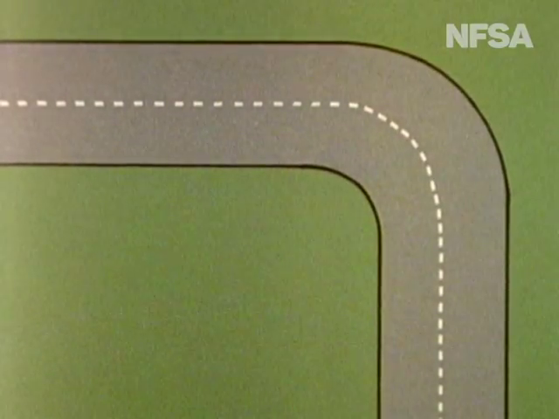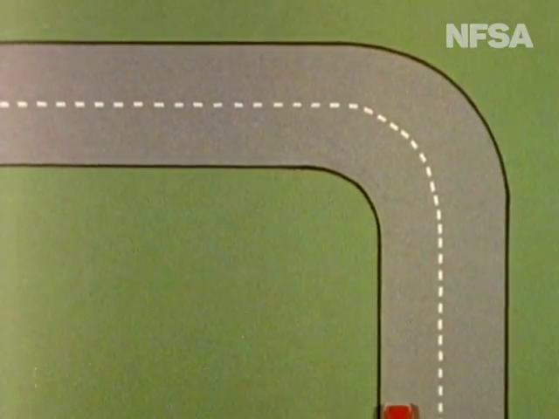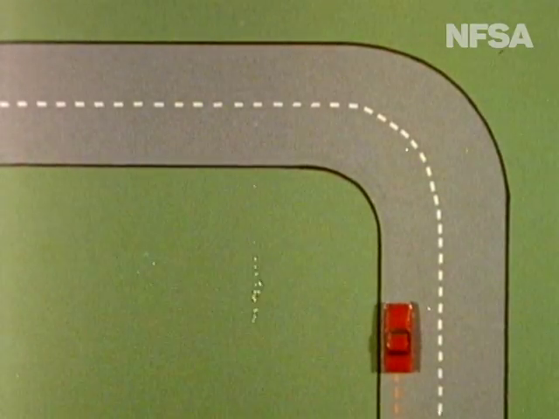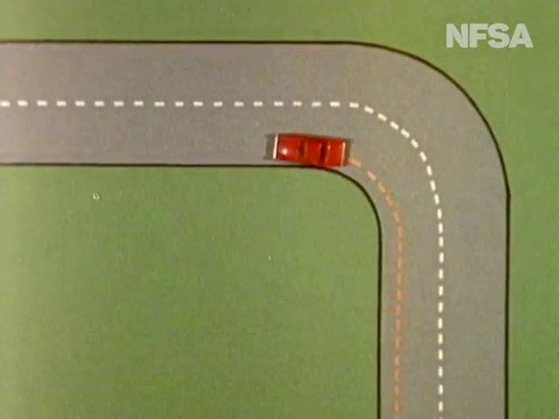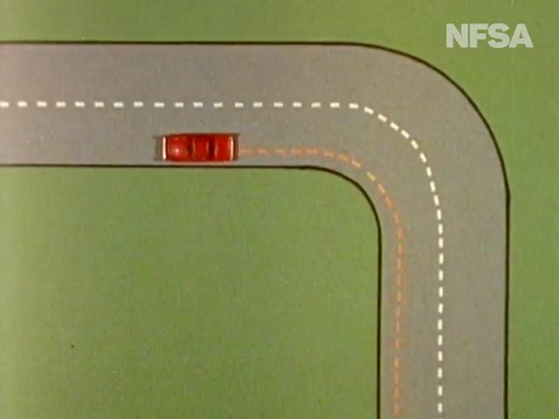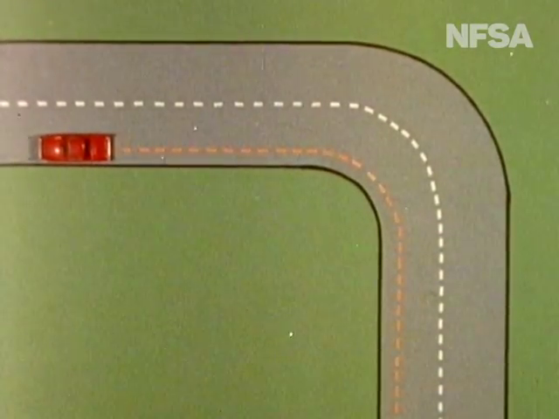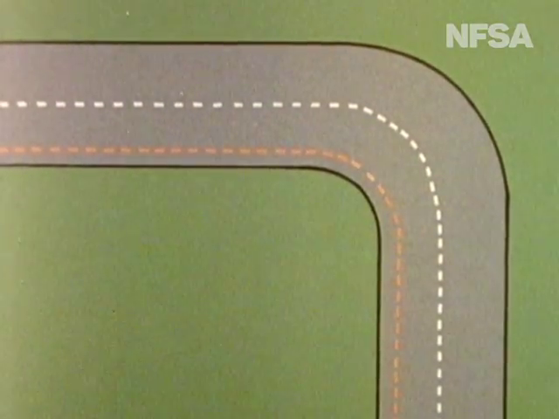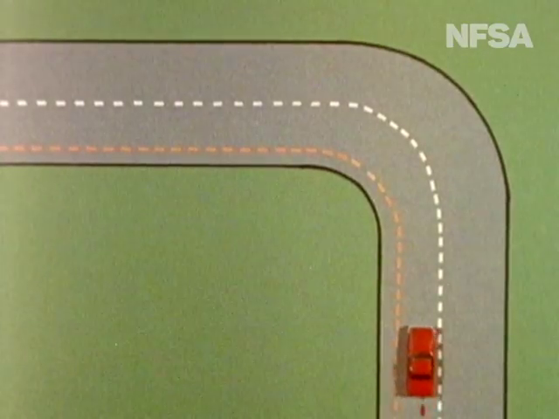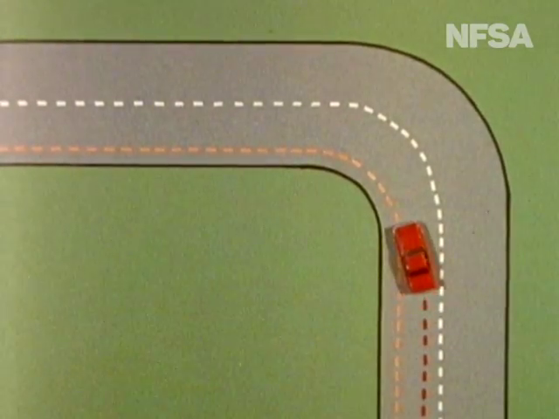Now a left-hand turn. Here our radius is around a tight corner. To choose the correct line, we move out towards the center, then around.